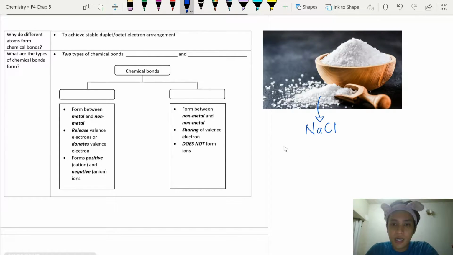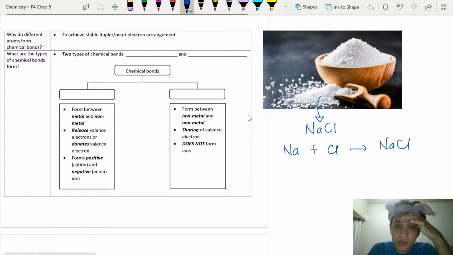So how do sodium and chlorine combine to get sodium chloride? This is what you will learn in this chapter. The way the elements combine is what we call bonding.